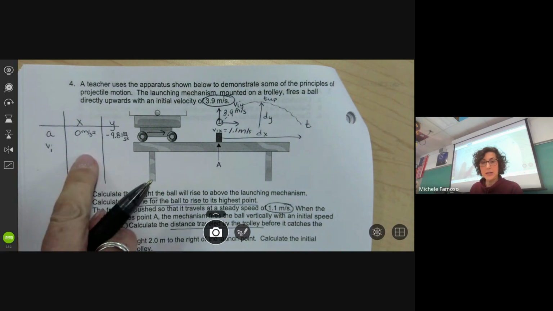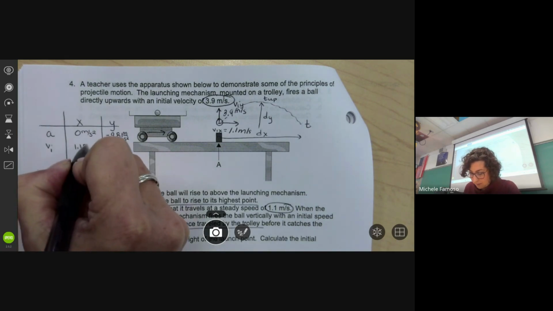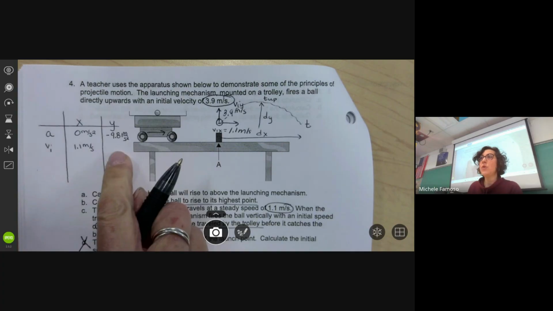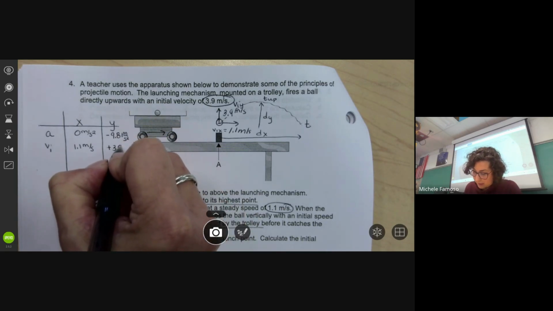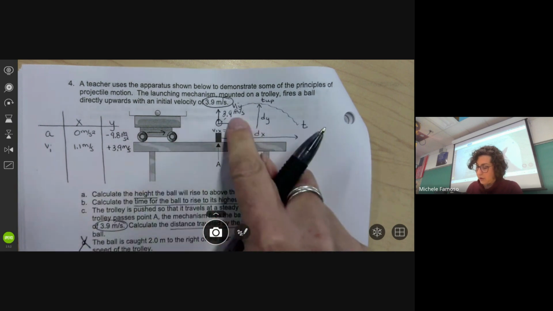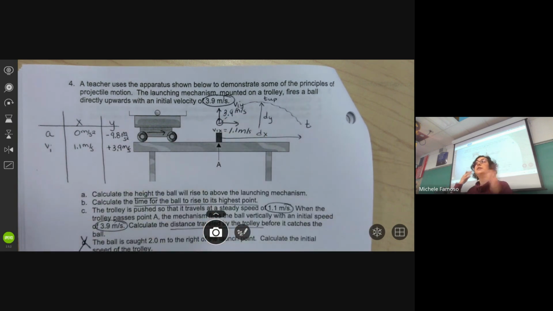Shane, what is the VI in the X direction for this question? Good. And what is it in the Y direction, Logan? Arne, what is the VI in the Y direction for this question? And it is positive because we have an upward pointing arrow here for the VIY. If it's 0, it's never going to go up. It's only going to go down.